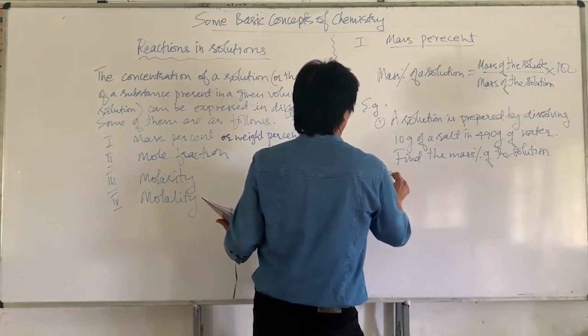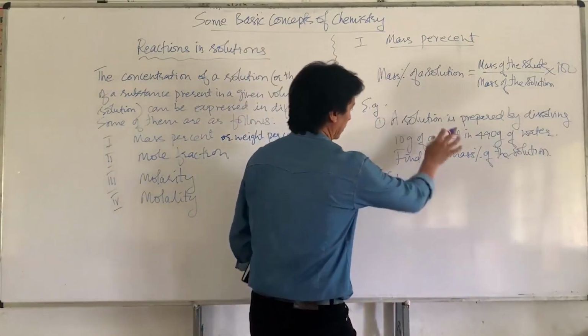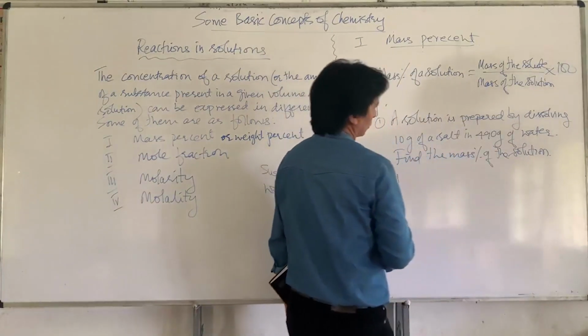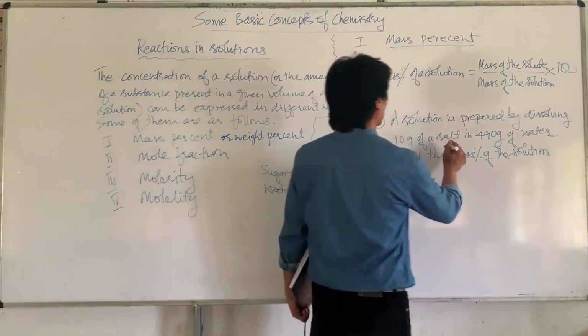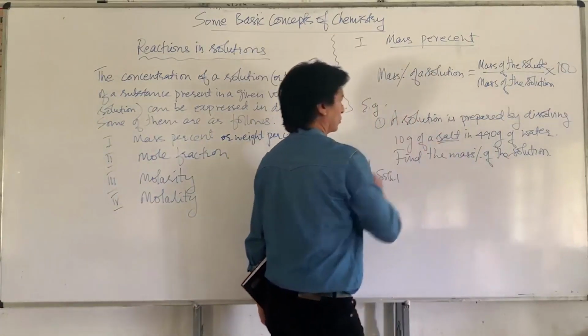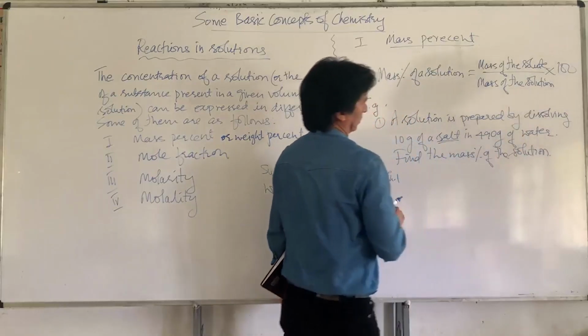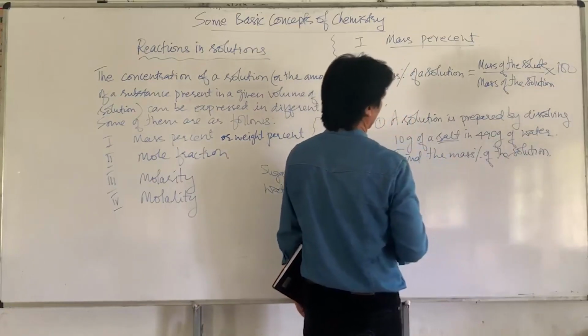So your answer, the solution here is, for the first one: it is said that a solution is prepared by dissolving 10 grams of some salt. This is your solute. And then the mass of the solvent, that is water, is 490 grams.